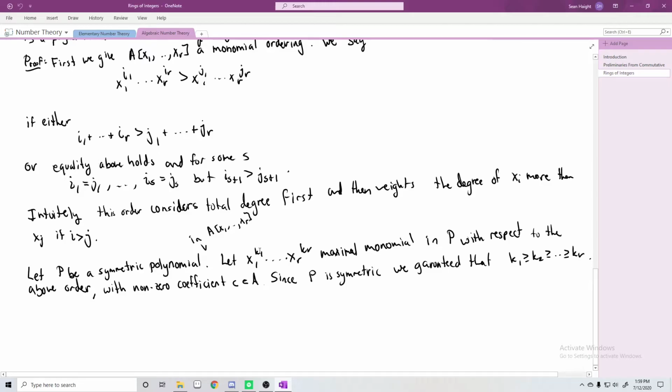Applying that permutation, I see that P actually must have that same monomial because P is symmetric. So that, based on the way this order works, it would pick that one as the maximal one. Okay, so we have to be guaranteed that these k sub i's are monotonic, non-increasing.